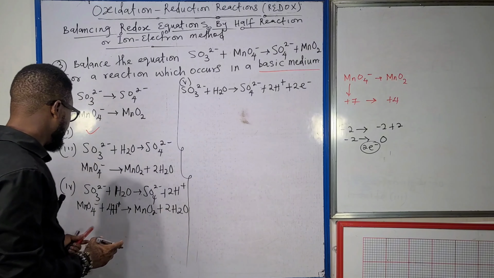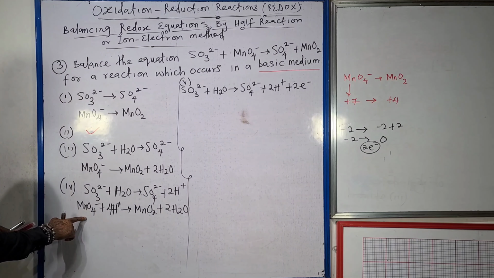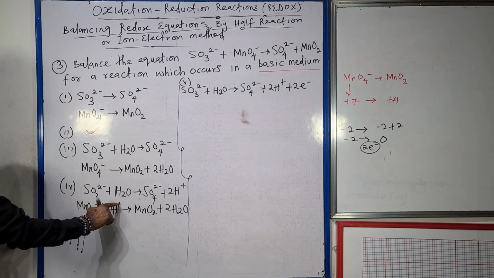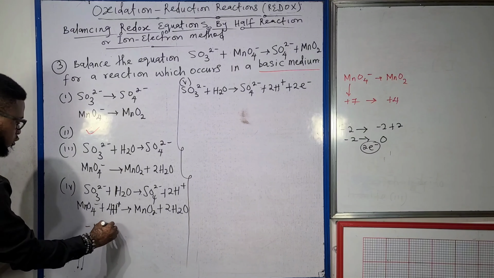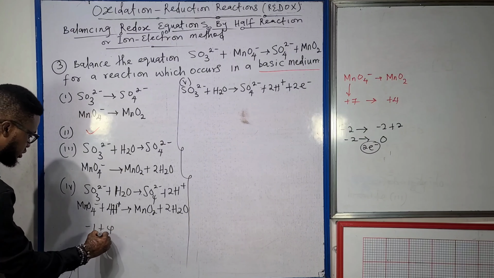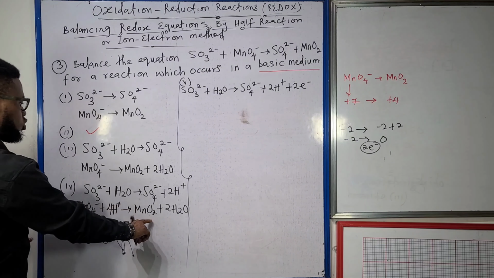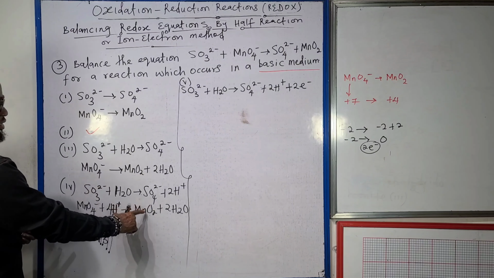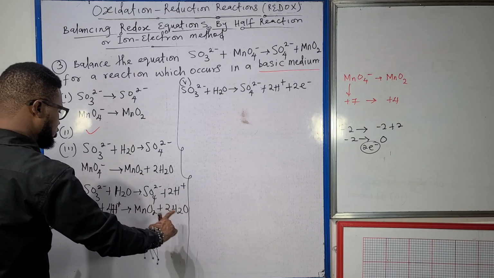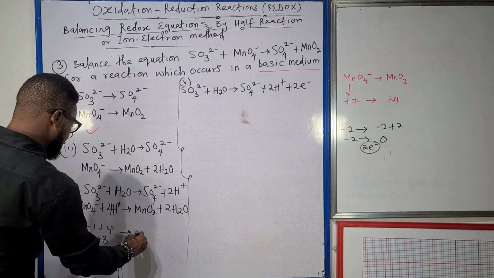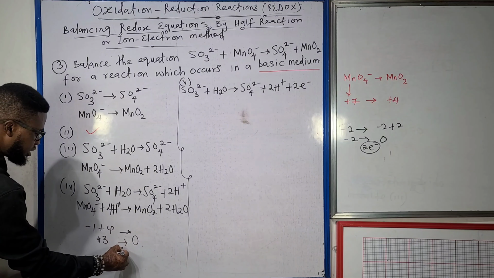Moving here, this is minus 1, and 4H plus is plus 1 times 4, that is plus 4. Minus 1 plus 4 gives us plus 3. So what do we have here? MnO2 is a compound, 0. 2H2O is a compound, that is also 0. So plus 3 to 0. The difference is 3 electrons.